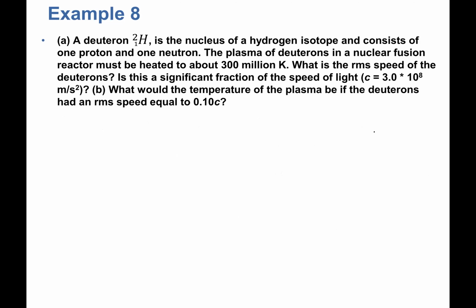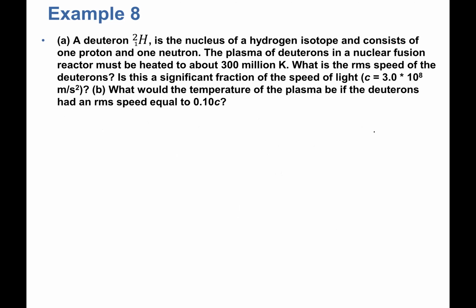All right, so our last example. We have deuterium, which is an isotope of hydrogen; the nucleus of a hydrogen isotope consists of 1 proton and 1 neutron. The plasma of deuterium in a nuclear fusion reactor must be heated to about 300 million Kelvin.